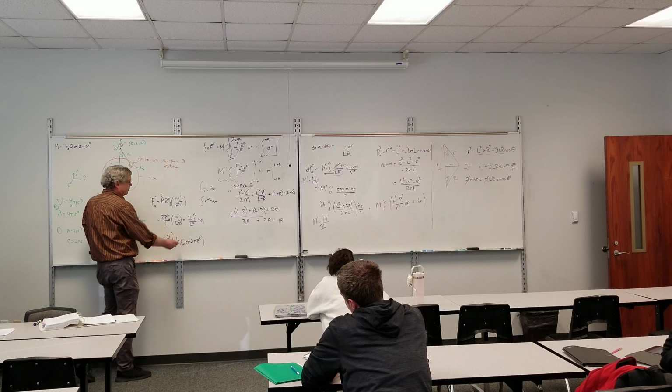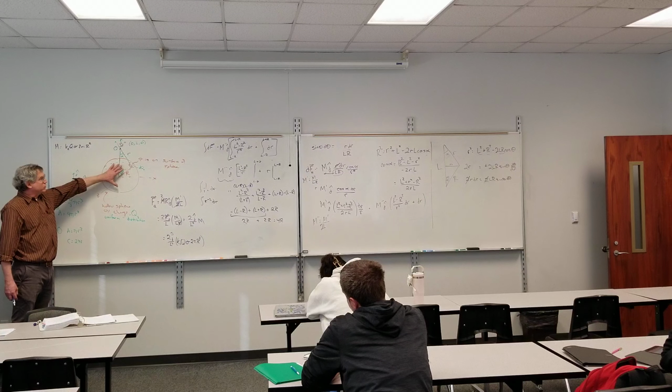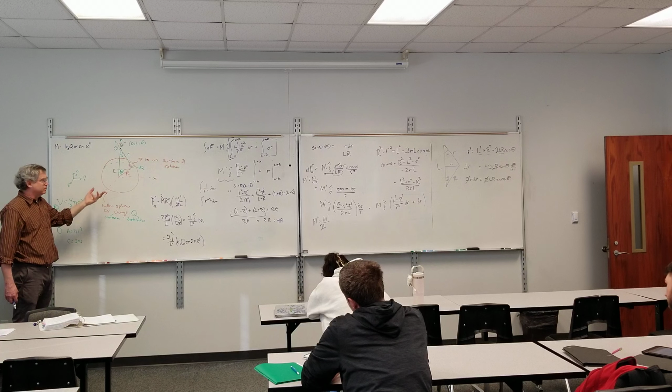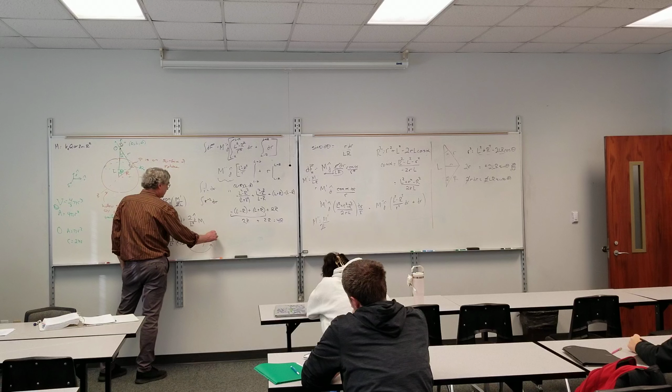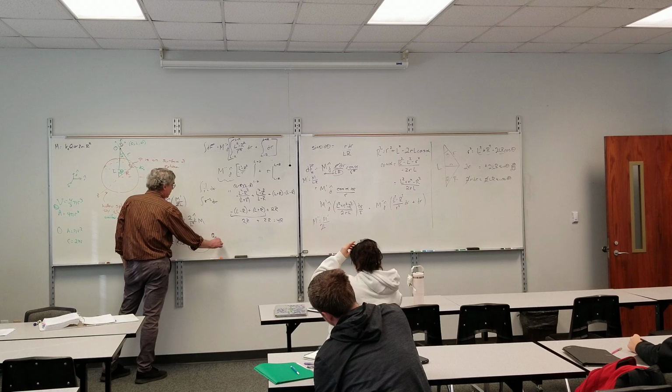Sigma here is the surface charge density, which is just the charge of my sphere, Q sub s, divided by the surface area, which we established earlier was 4 pi r squared.